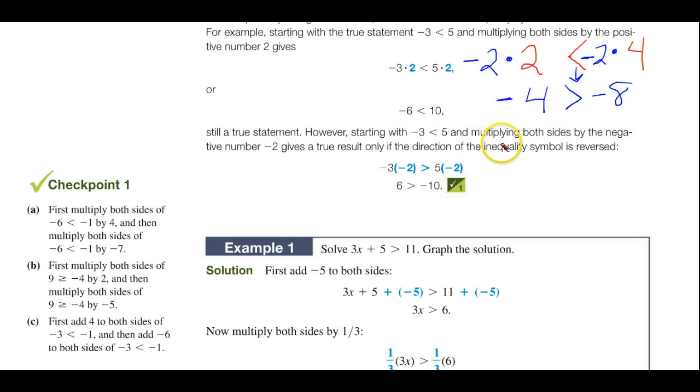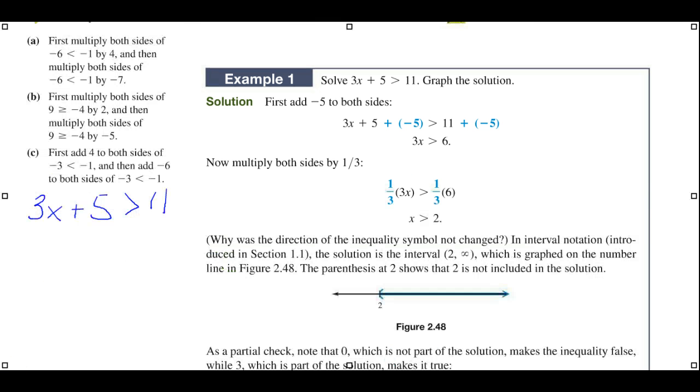And that's what they're describing here. So that's the one major difference. If you multiply or divide an inequality by a negative, you have to reverse the inequality sign to keep it a true statement. So in example 1, we have an inequality.